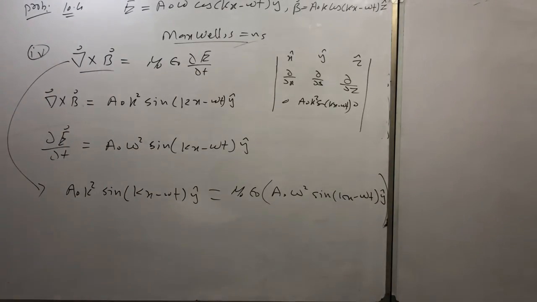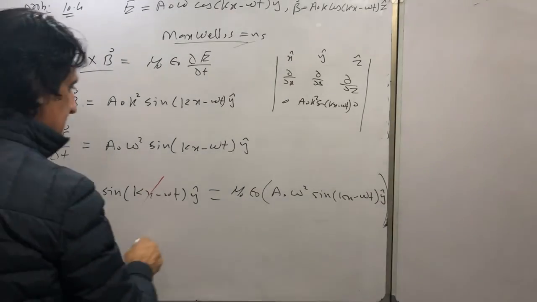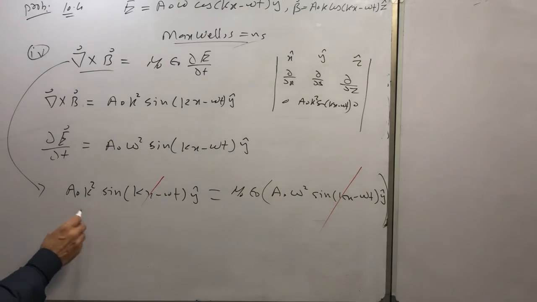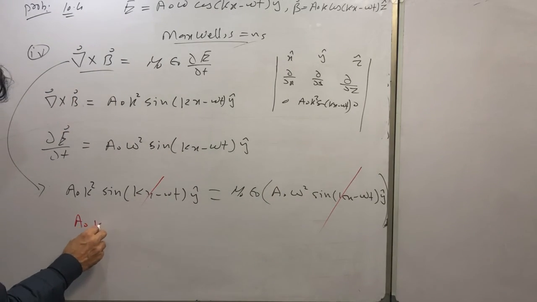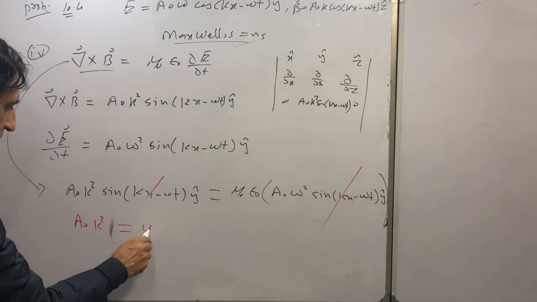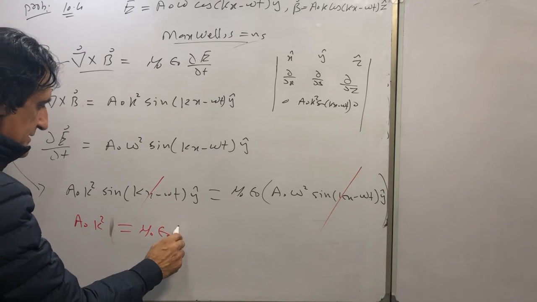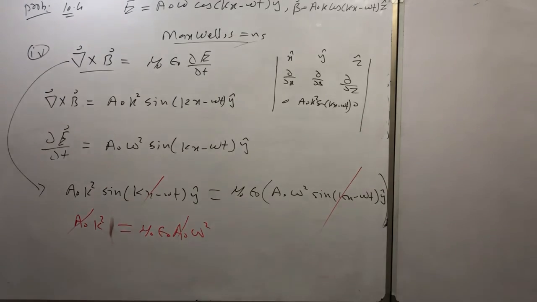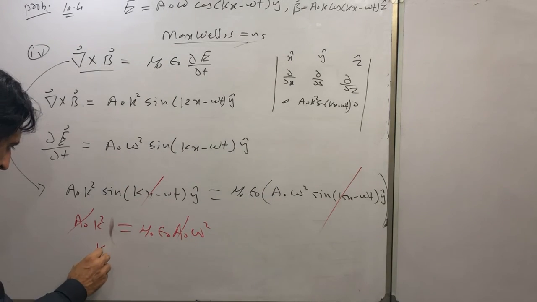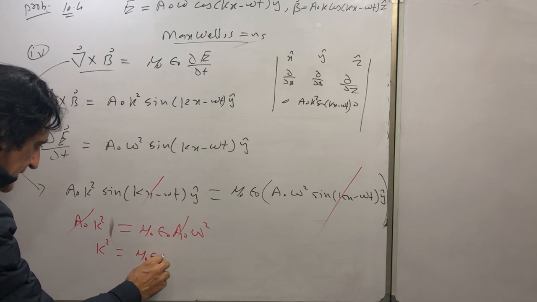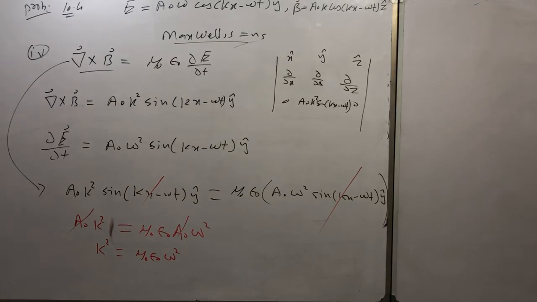So it is clear that this and this term can be cancelled out, and we have a naught k square, this term, which is equal to mu naught epsilon naught a naught omega square. So a naught will also be cancelled out, and we can have only k square, which is equal to mu naught epsilon naught omega square.